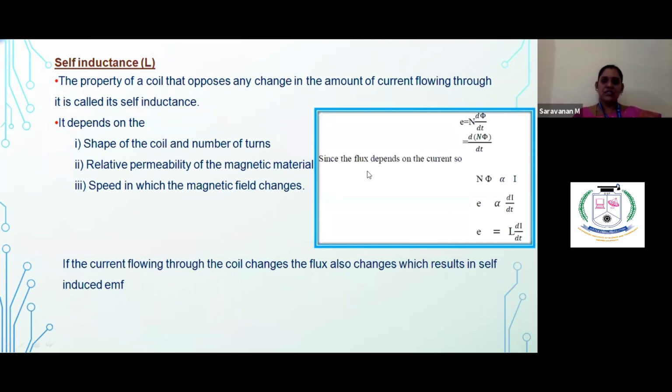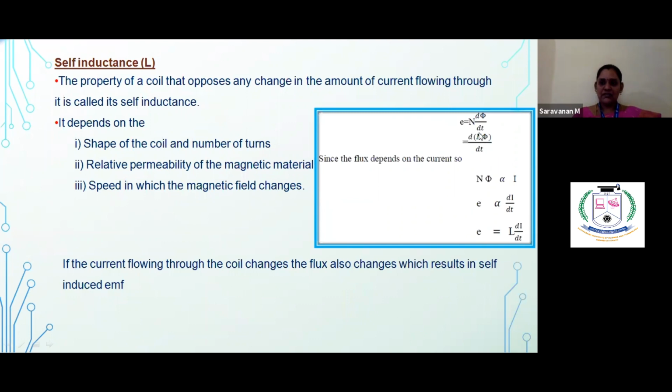Since the flux depends upon the current, N phi, where N is your number of turns and phi is your flux, is the flux linkage. When the current flowing through the coil is changing, you have a flux linkage. Hence, N phi is directly proportional to I. So from this, E is directly proportional to di by dt.